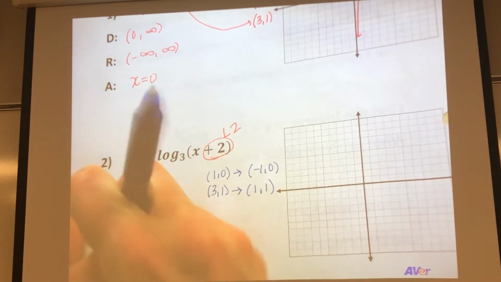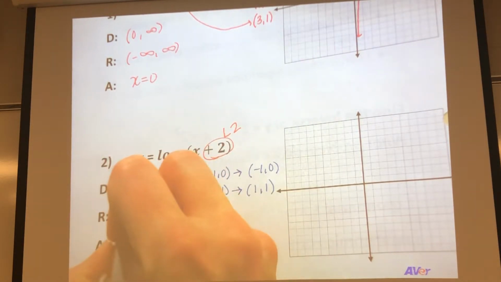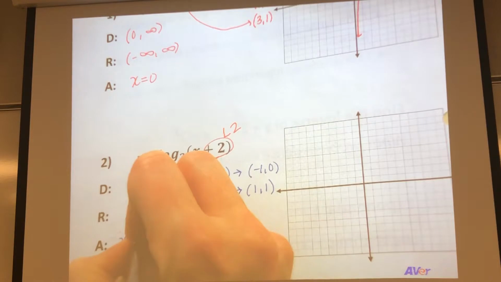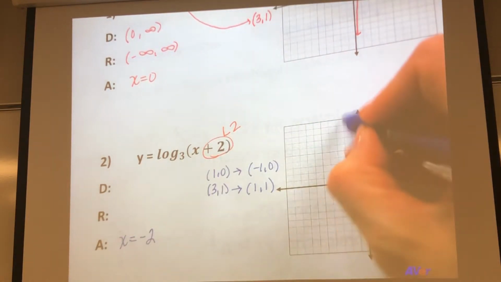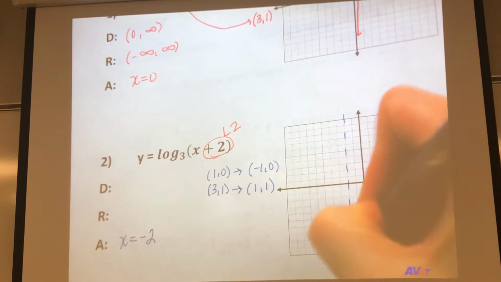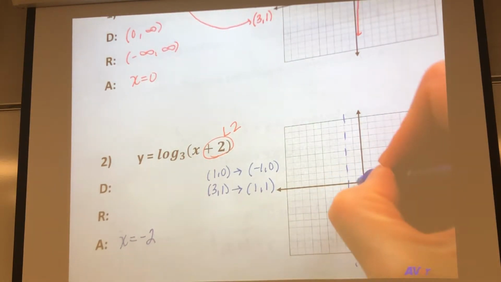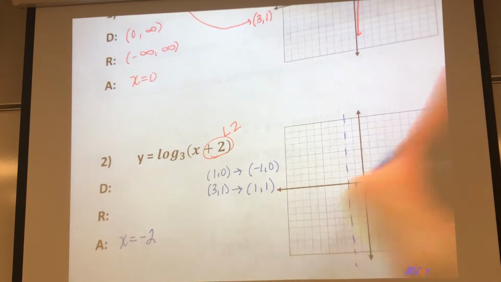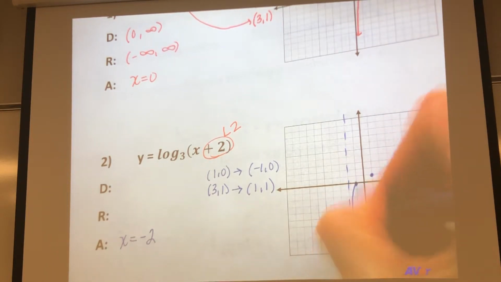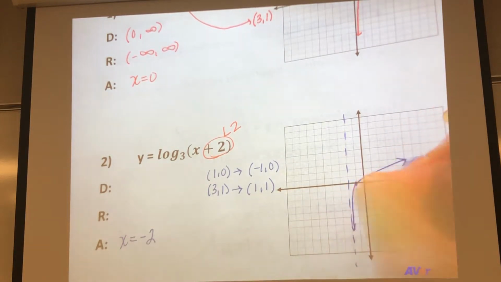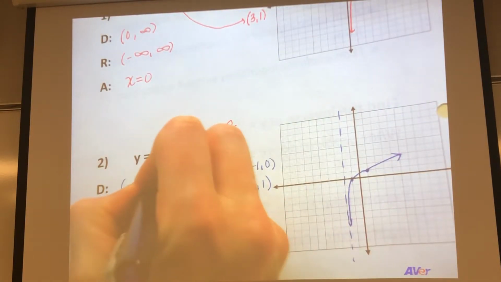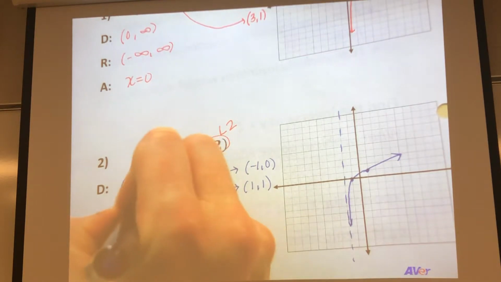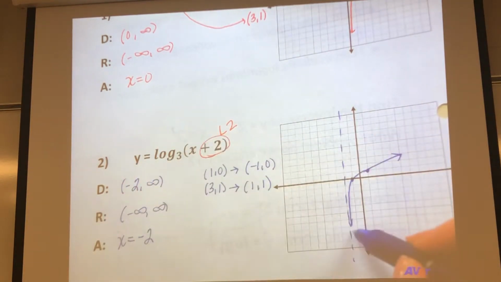It is not y. Remember, for logs, it's x equals, and since it's moving left 2, it'll be x equals negative 2. So we'll put that asymptote on our graph. Graph the point negative 1, 0, and 1, 1. And then we'll still have our curve. Domain is now negative 2 to infinity, but our range goes negative infinity all the way to positive infinity.